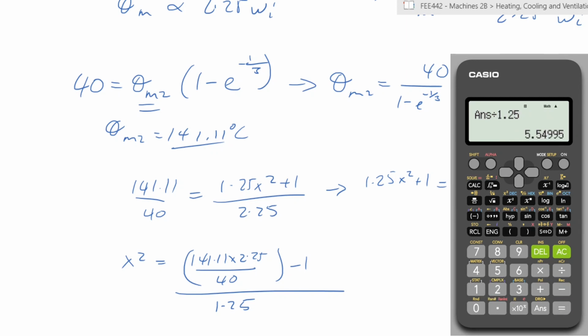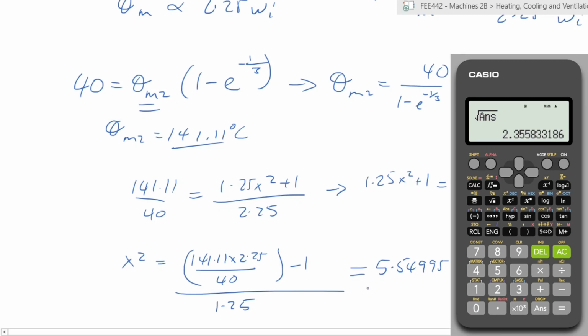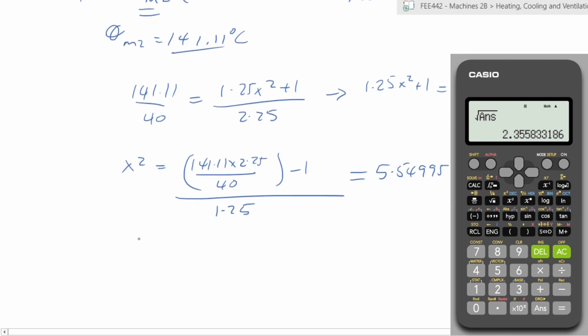That gives us a value of x squared of 5.54995, the square root of which is 2.356. So you have x is equal to 2.356.